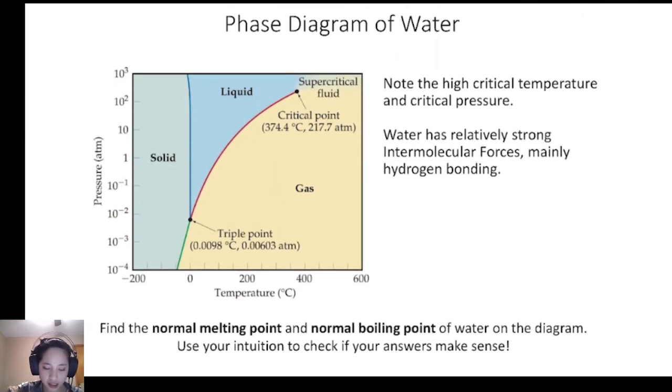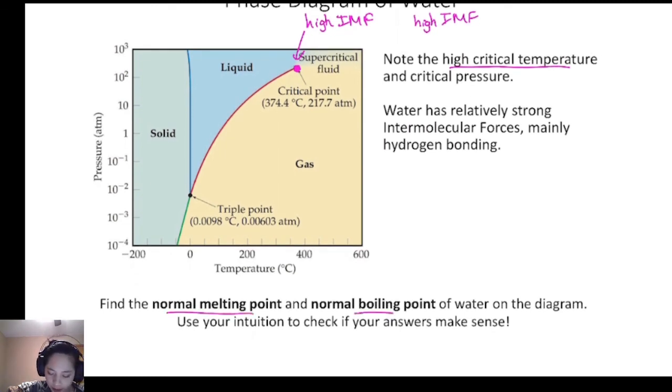Okay. So here's the phase diagram of water. Water has pretty high intermolecular forces because hydrogen bonding is available. So note that you have a really high critical point, a very high critical point because we have high IMFs. Water has strong intermolecular forces, hydrogen bonding. So we can find the normal melting point and normal boiling point.